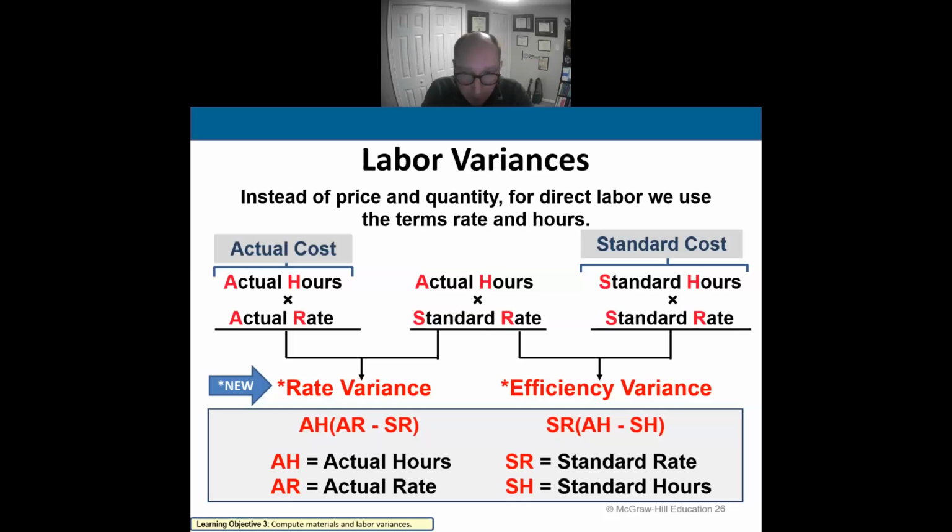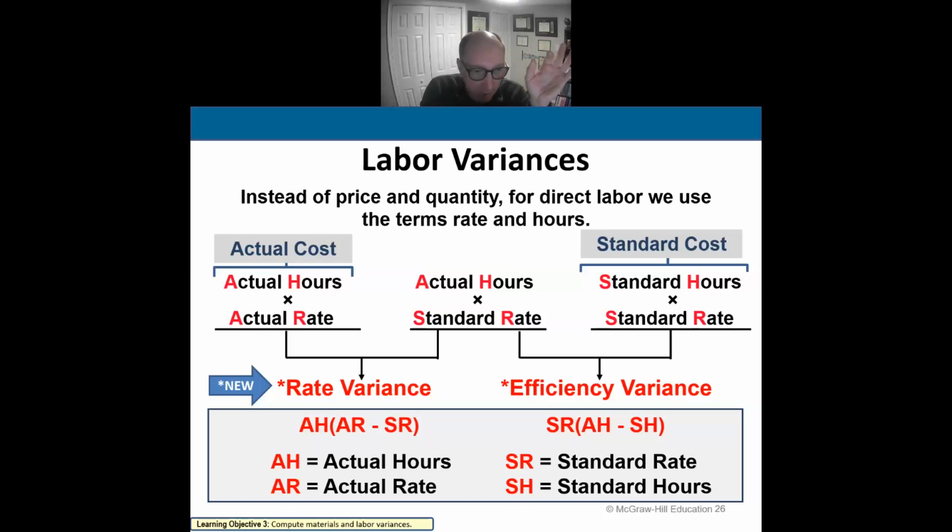Within labor actual and standard cost variances, I have two other variances. One is called a rate variance. That's the difference in the actual dollars per hour. And I have what they call an efficiency variance. That's the difference in the actual hours. So rate variance, difference in rate. Efficiency variance, difference in hours.